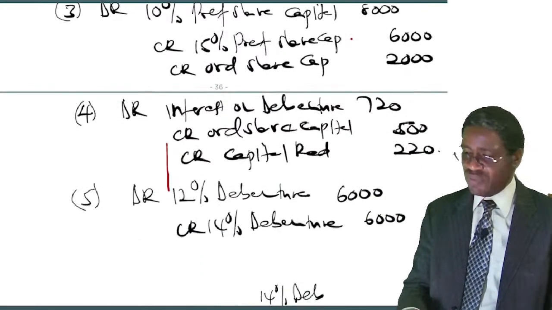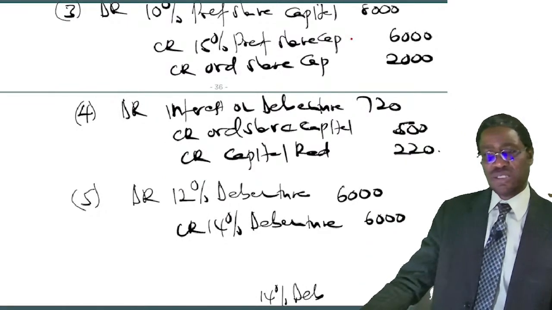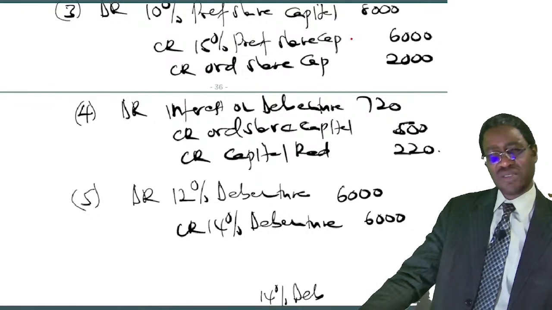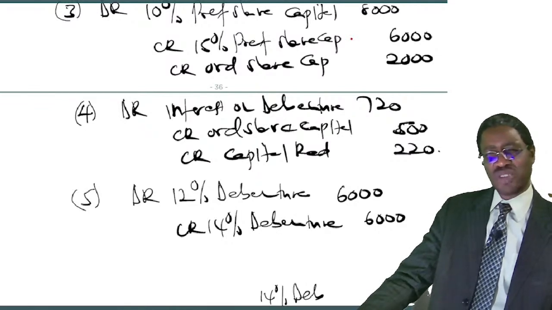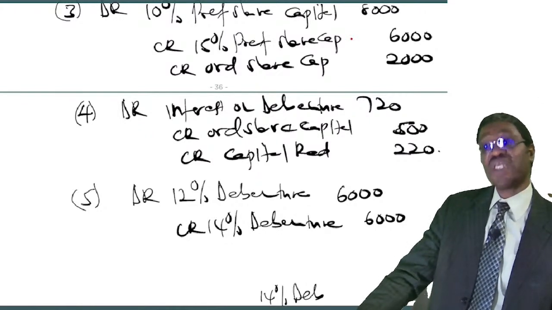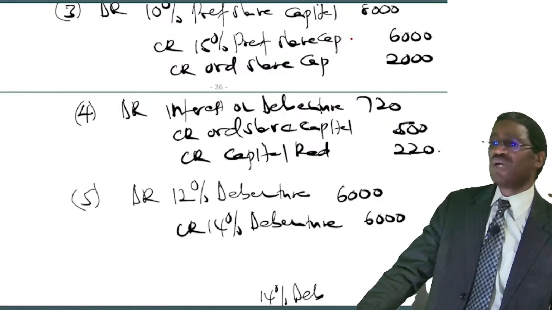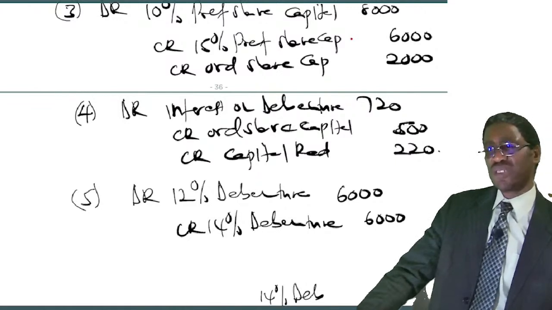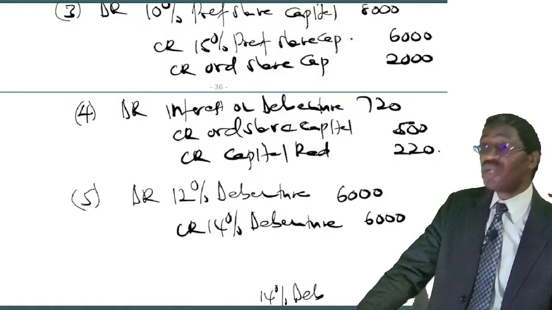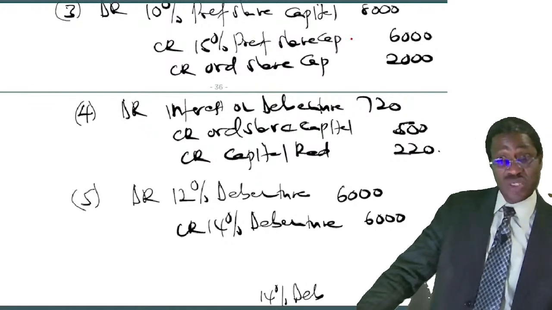Number 4, we were told the debenture interest should be settled by the issue of 200,000 ordinary shares of 2.5 in lieu of, that means in full settlement of the 720. So we gave shares worth 500 as full payment of 720. That means we paid less than we owe to the debenture holders for their interest, so that became a gain to us.